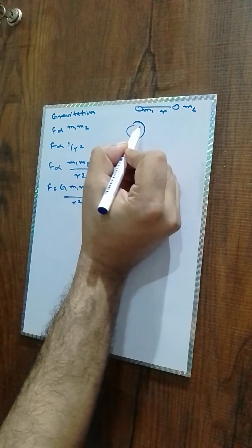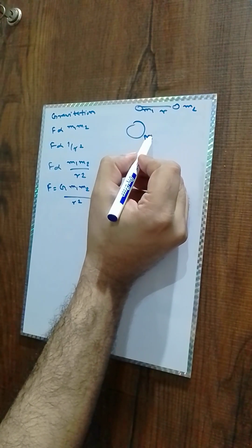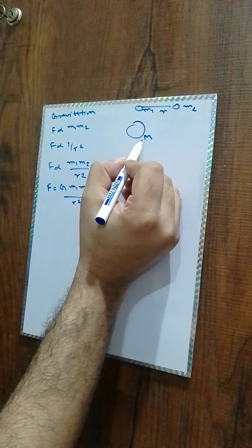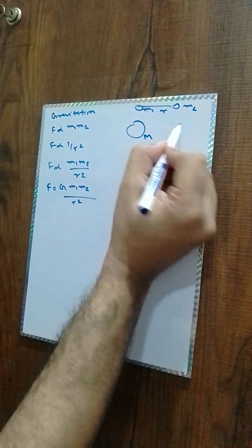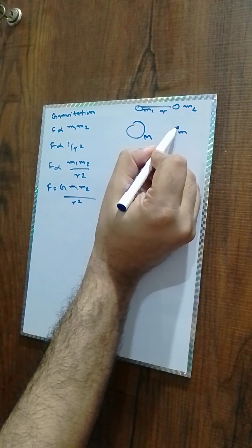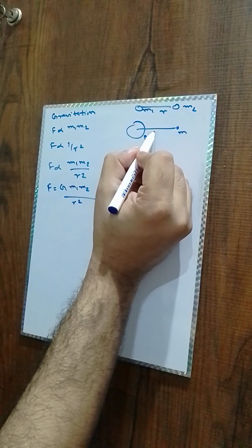And if one object is a very huge object, for example Earth, and the other object is very small as compared to Earth, so capital M and small m denote the masses, and we have the distance between the centers as r.